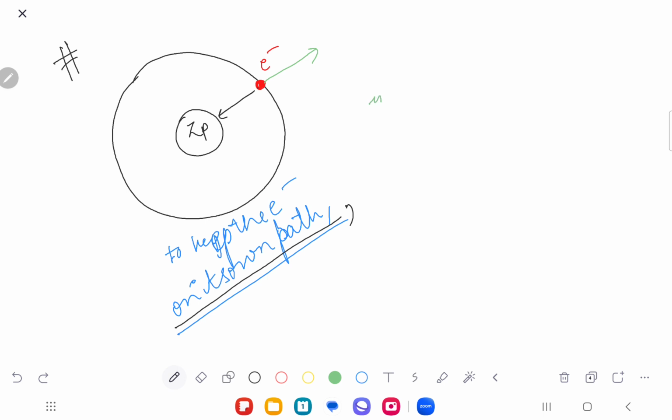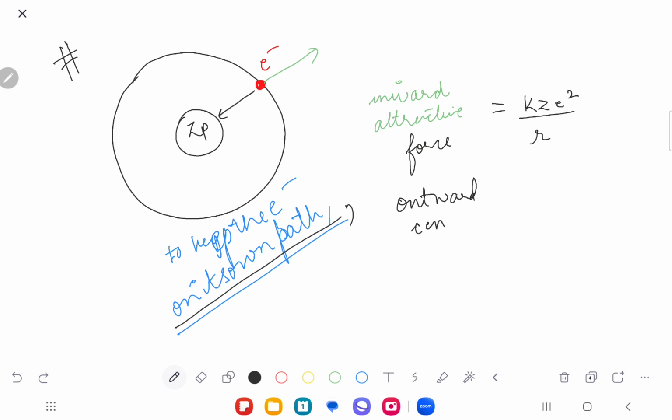So what is the formula of the inward attractive force? The inward attractive force formula here shall be kze square over r. Yes or no? And the outward centrifugal force shall be mv square over r.